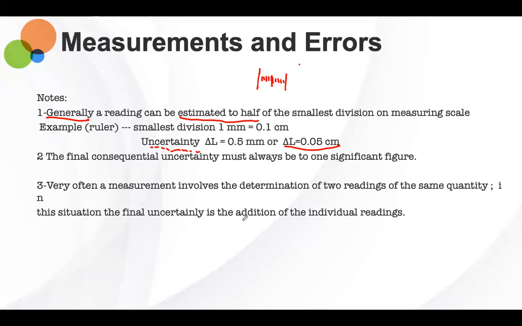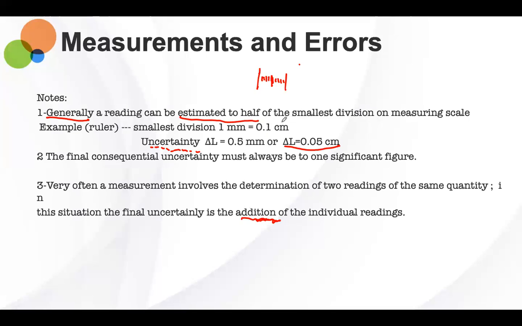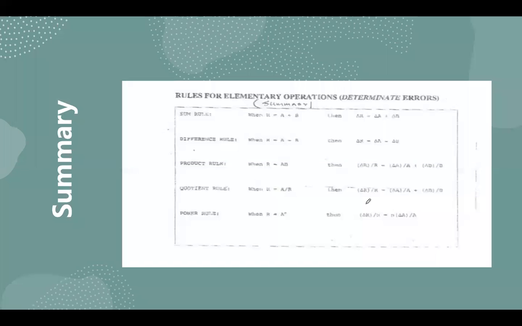Remember, we see addition coming again. And this table will basically sum up all that we just did. You have the sum rule, the difference rule, the product rule, the quotient rule, and the power rule. I remember we just went through all of these a while ago.